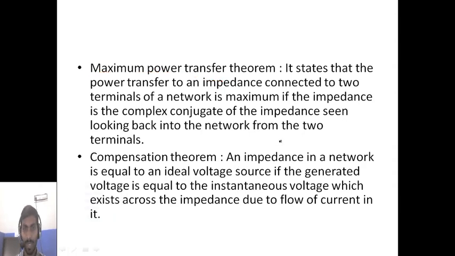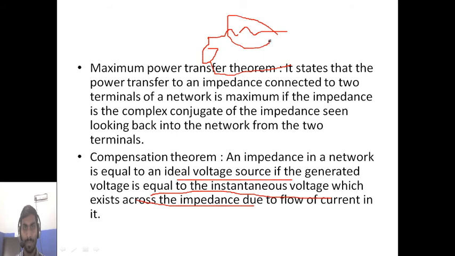Compensation theorem. An impedance in a network is equal to an ideal voltage source if the generated voltage is equal to the instantaneous voltage which exists across the impedance. That means you have seen an impedance in the circuit. Let me say this is my impedance and this is my source and the other things. Okay, this is my source. So what I am telling is an impedance in a network, this is my impedance, is equal to an ideal voltage source.